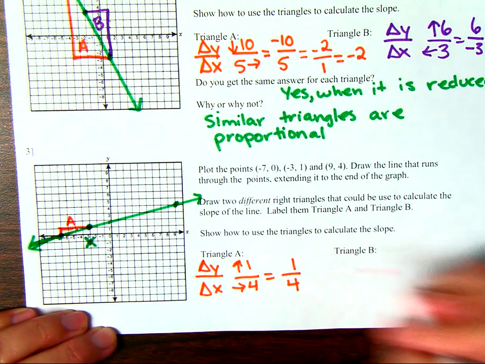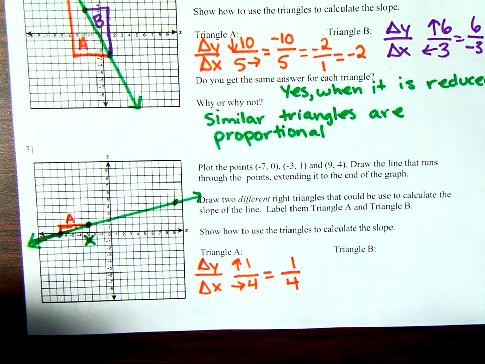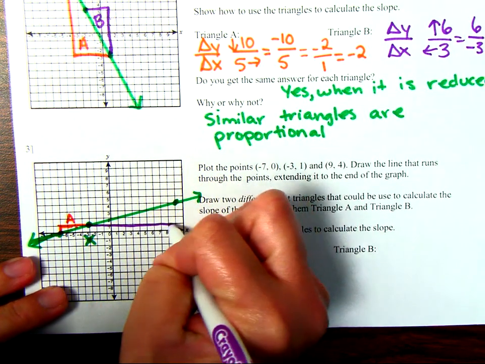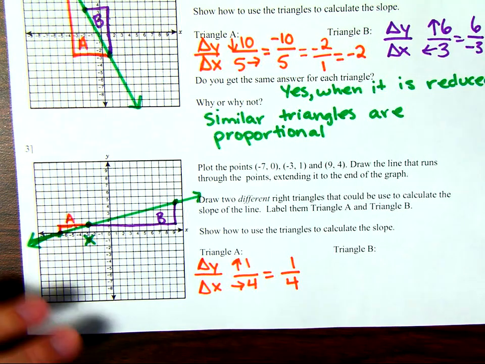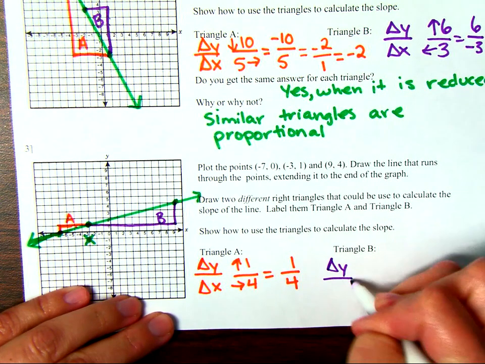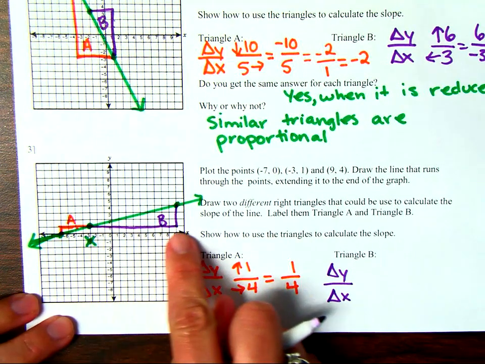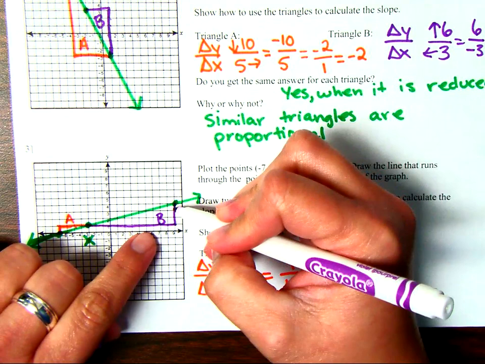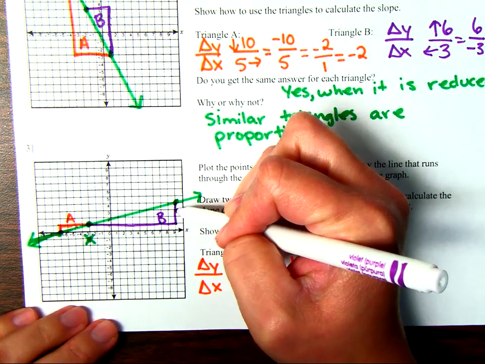So triangle B, well, I'm going to change it up and I'm going to do this one below, just so you can see it more than one way. This is triangle B. Okay, so the change in Y, which is my vertical change, to the change in X. So I'm not going to move left to right first because that's my change in X. So I need to see the vertical up and down. So if I go from here, 1, 2, 3, I go down 3.